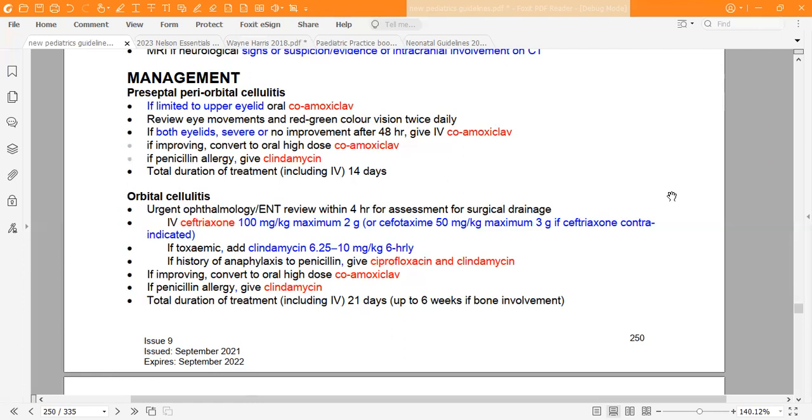If improving, convert to oral high-dose co-amoxiclav, and if penicillin allergy, give clindamycin.